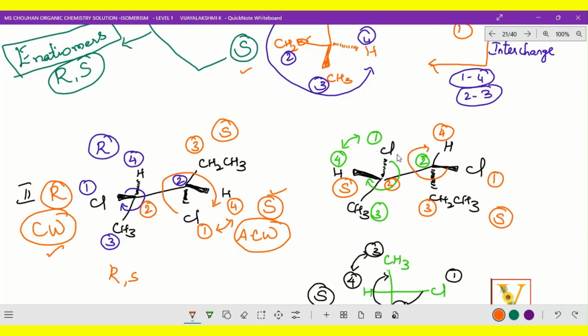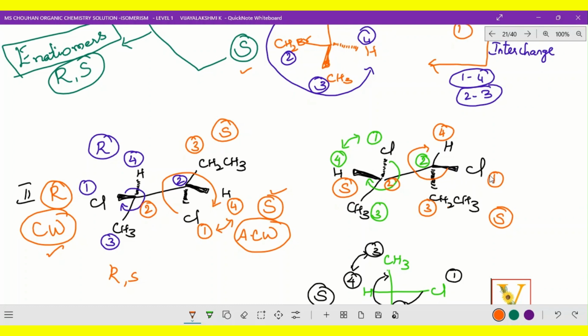So definitely we have to interchange. I marked 1 2 3 4 in green color, but an interchange takes place: this chlorine will come here and hydrogen will go there. It looks clockwise, but because of the interchange it is anti-clockwise. So with the fourth priority on dash, anti-clockwise means S.